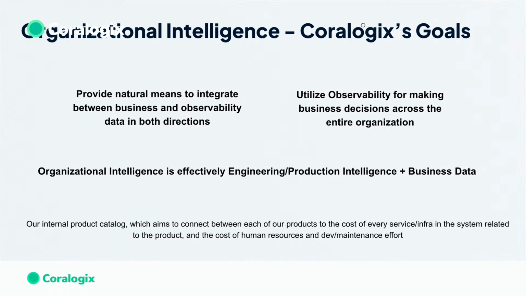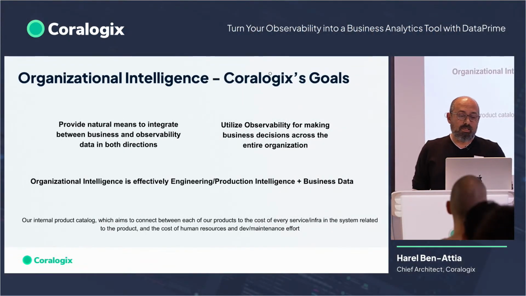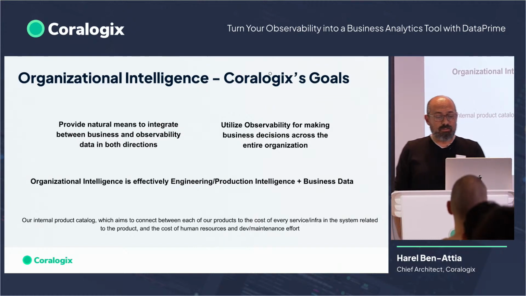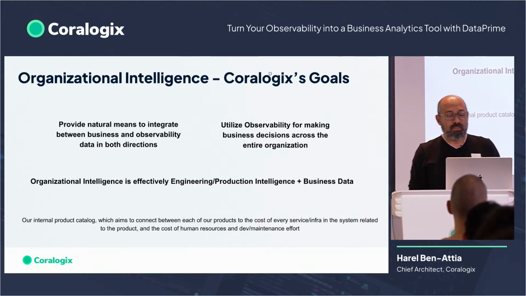The idea is to have a single thread that connects all of these layers into one system, our own account, C4C, Coralogix for Coralogix. That's the name of us as a customer in Coralogix. And everything goes there in order to provide the necessary analytics.